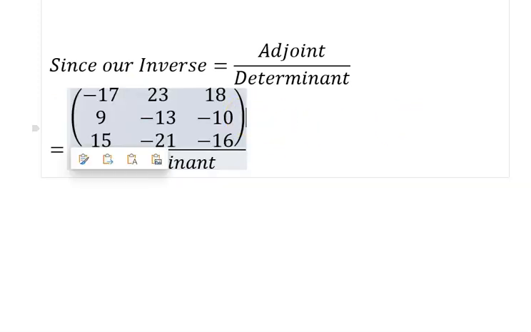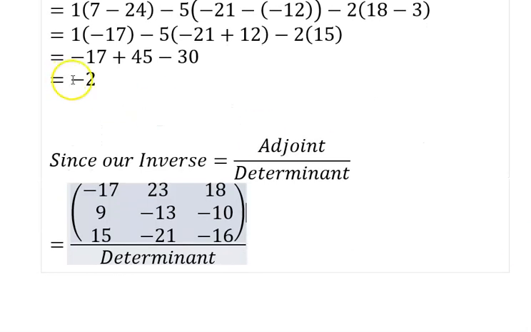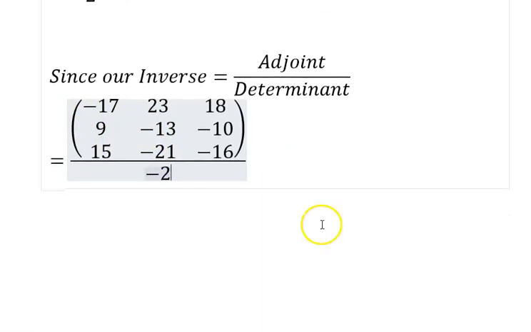Beautiful. Then here's our determinant. Minus 2. Our determinant is what? Minus 2. Beautiful. That means we are dividing everything we have here with minus 2. So that will solve our problem.